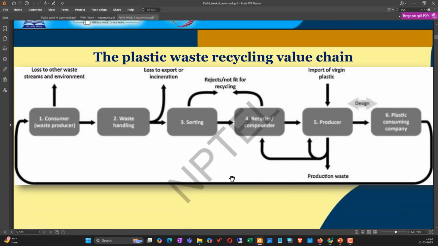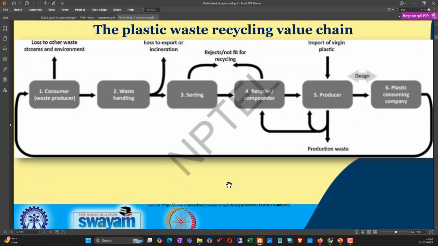So if you see this one, the plastic waste recycling value chain, where there is loss to other waste streams and energy, right? Environment. So here is how everything starts. Step one is the consumer, from where the waste is produced, right? And then the second is where the handling of the waste comes in.